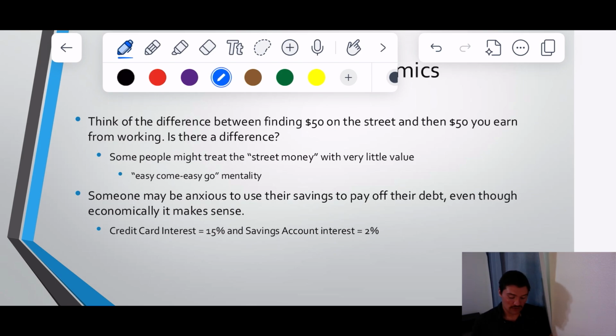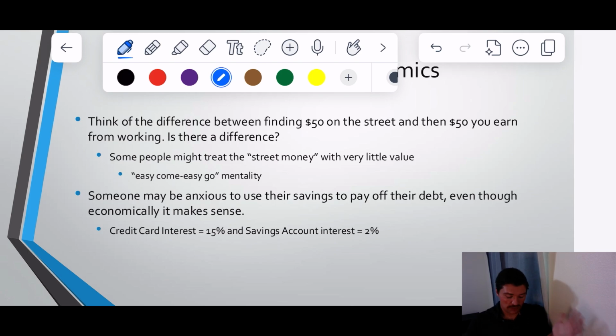Someone may be more anxious to use their savings to pay off debt, even though it makes economic sense to do so. So on this one, if you have a lot of debt and you're paying like 22% for the credit card, right? Let's say it's $10,000 and you have $10,000 in a savings account, what should you do? Well, if you do not take your savings to pay the credit card debt, you're paying 15% interest on the credit card and you're only earning 2% on the savings account.